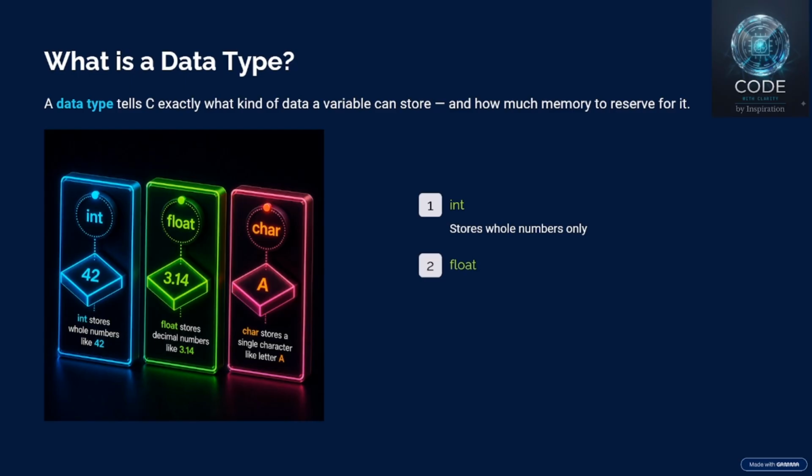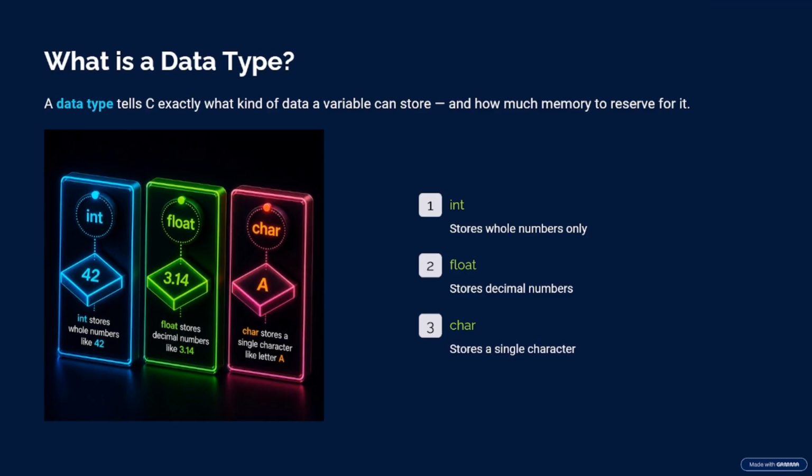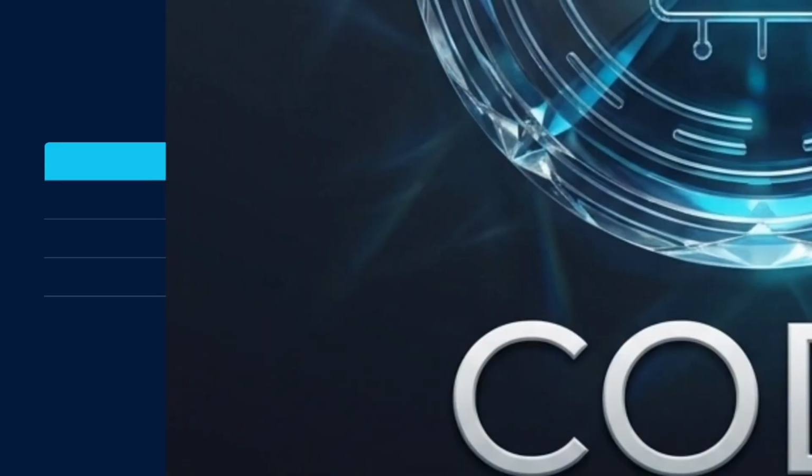For example, in single quotes, 'A'. I had to store a grade, so I stored it in the char data type. So before creating a variable, we need to tell C what type of data that variable will store, and that's the job of the data type.